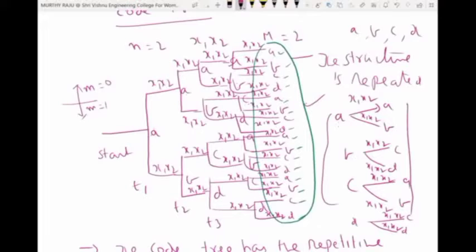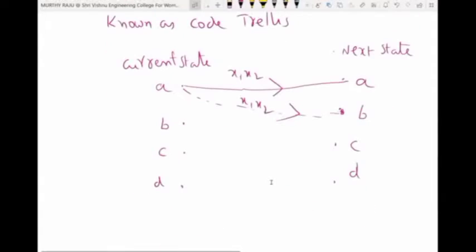Next, B to C and B to D. Here, B to C, solid line when M is equal to 0. Output is X1, X2. B to D, X1, X2.